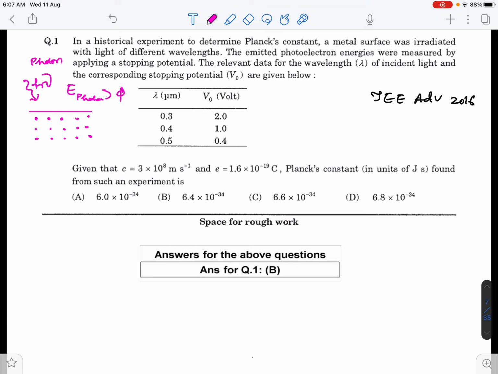What is phi? This phi is known as the work function. It is the minimum energy required to eject an electron from the metal surface.